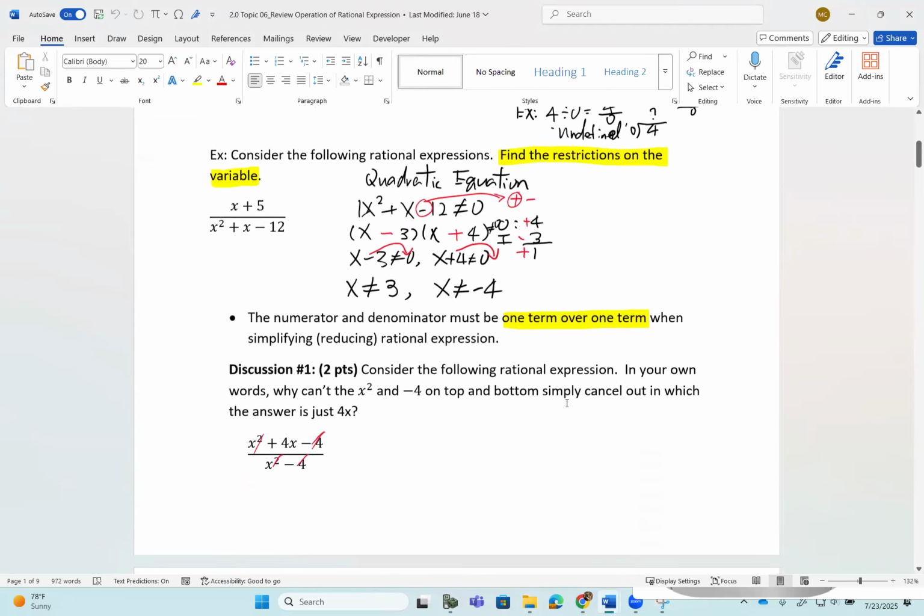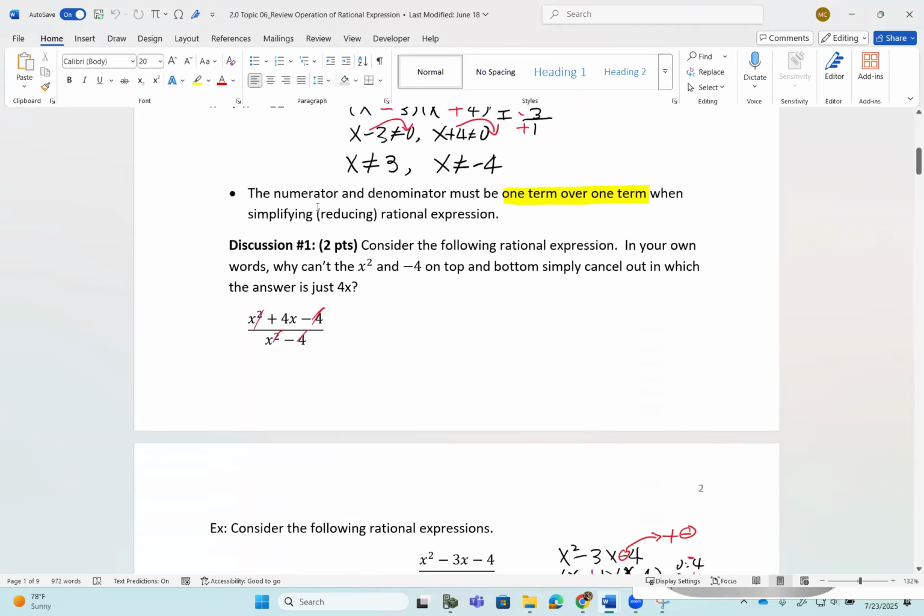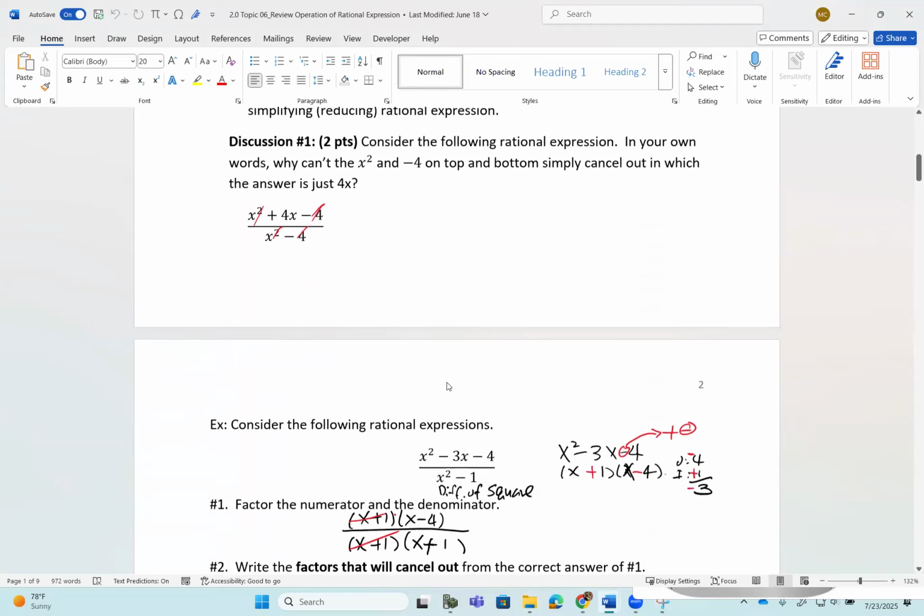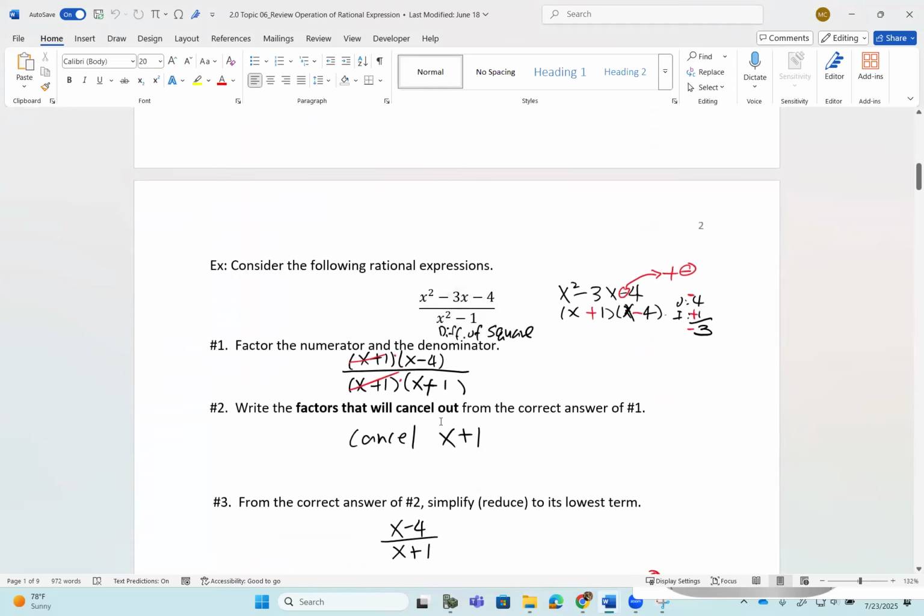And the next thing we did was talk about the numerator and denominator being one term over one term, so we can simplify the rational expression. We did a couple of examples of that.